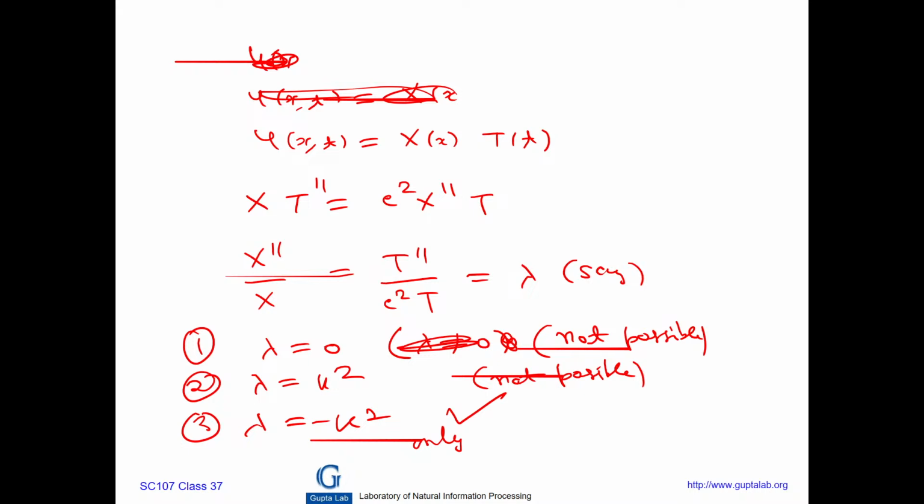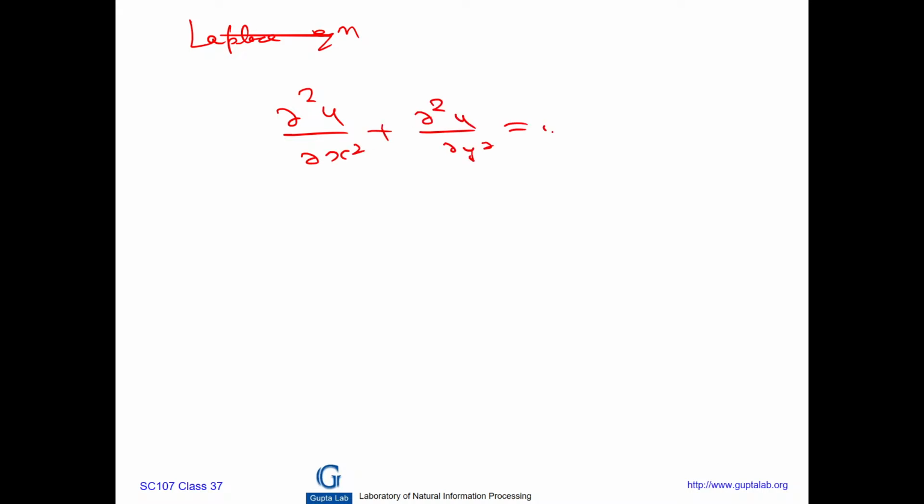And the third and last equation is the Laplace equation. Del square u over del x square plus del square u over del y square is equal to 0, where x lies between 0 and a and y lies between 0 and b. So actually temperature distribution on a rectangular thin plate is studied through this equation.